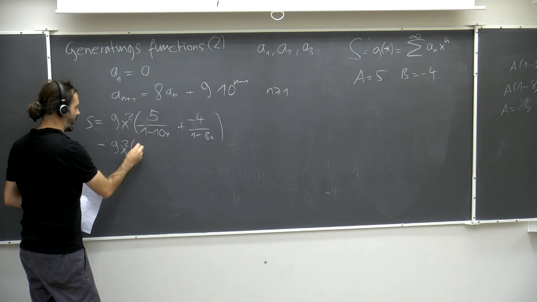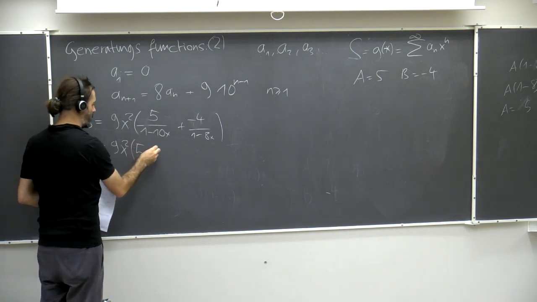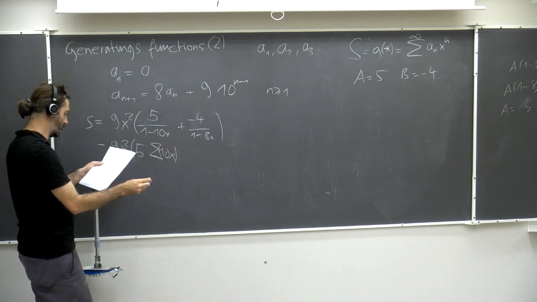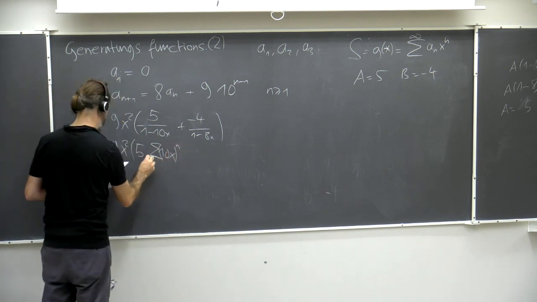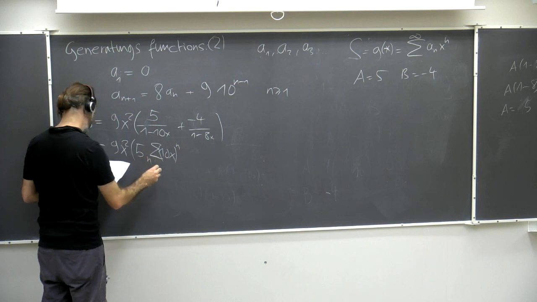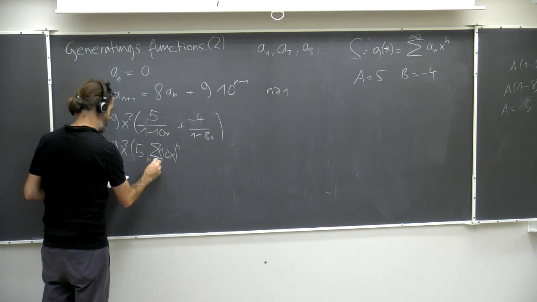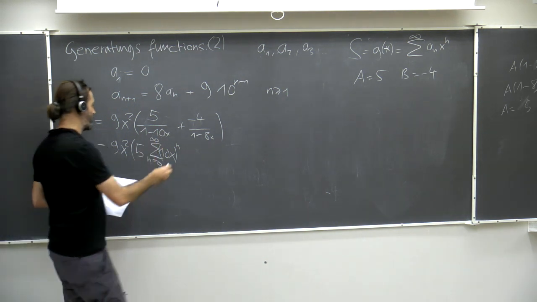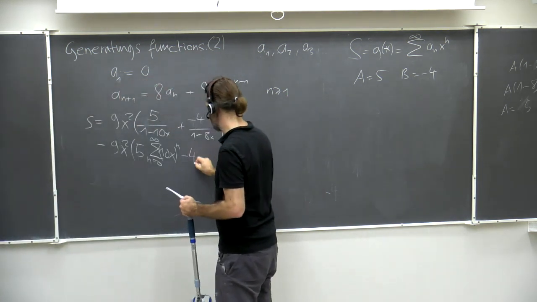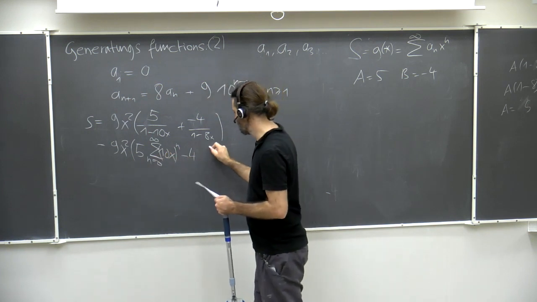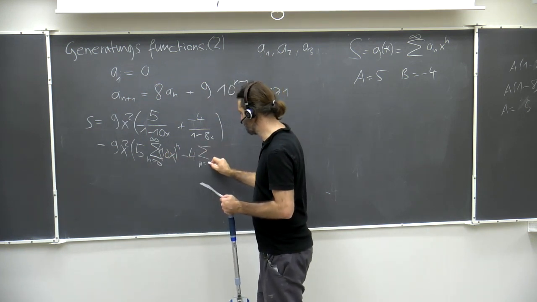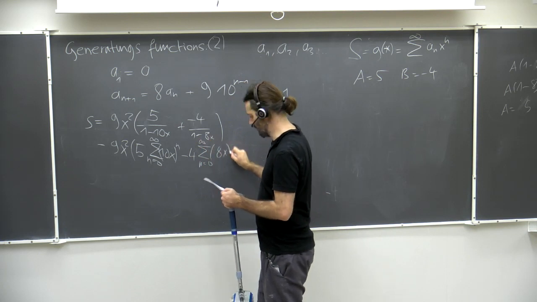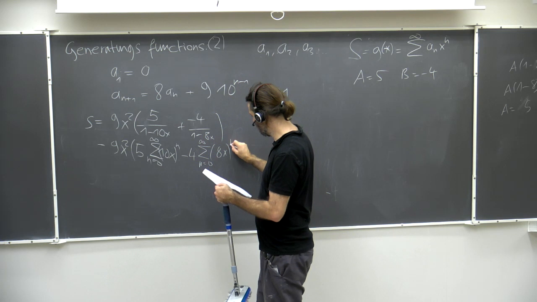The 5 we take out, and then we get our sum over 10 times x to the power n, starting in n is equal to 0, because it's a geometric series. We take the -4, and we get again the sum from n is 0 to infinity of 8 times x to the power n.